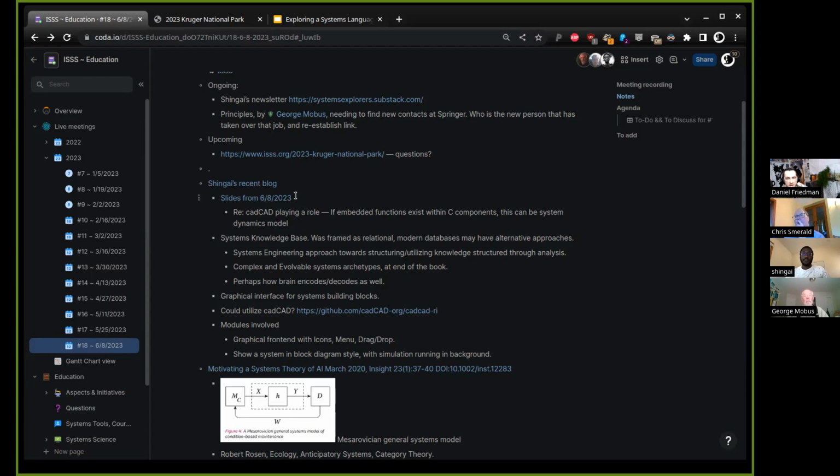CAD seems like the way to make this happen. I'm not familiar right now with the CAD reference implementation, but if that is getting stabilized, and their recent papers are about the GDS and the category theory, then I think it's definitely possible.